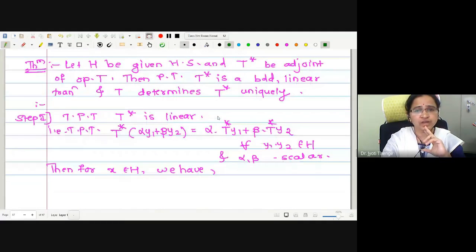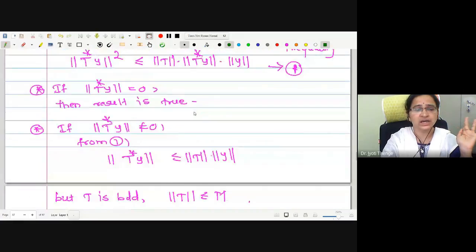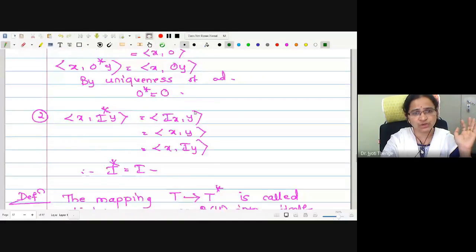Later we have proved an important theorem that T star, the adjoint operation, is a bounded linear transformation and every T determines T star uniquely. This also we have seen in detail. I don't want to repeat all the theorems.